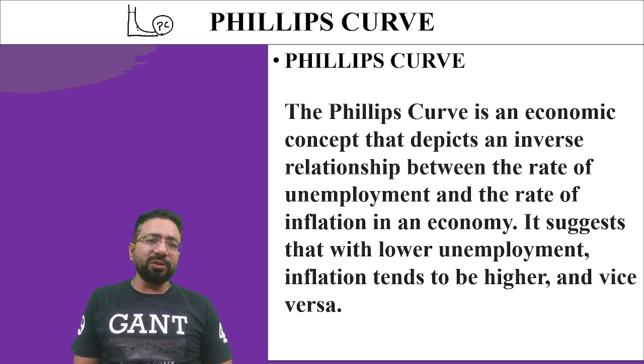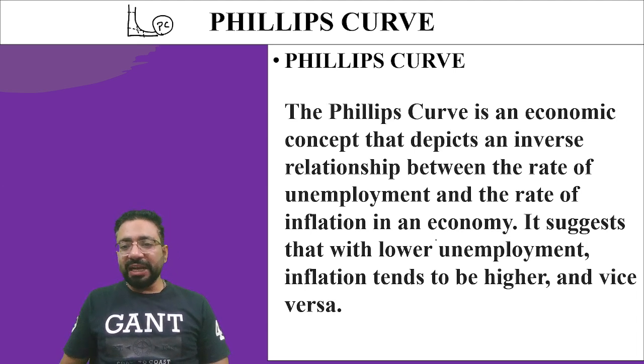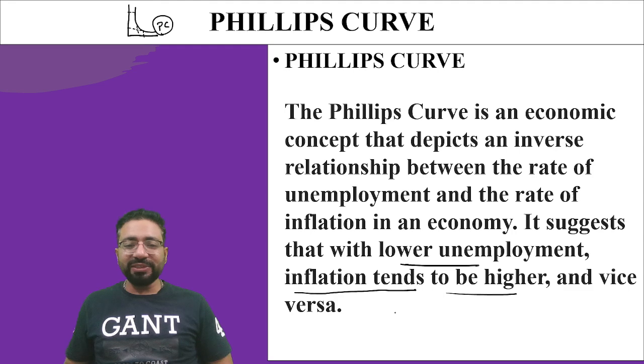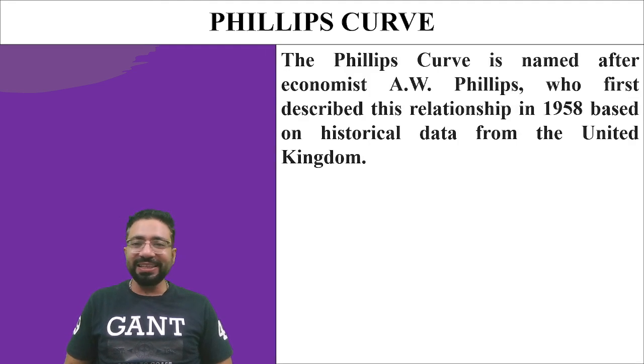Here we represent rate of inflation and here we represent rate of unemployment. That means if unemployment is falling, inflation is rising. If inflation is falling, unemployment is rising. Both have an inverse relationship, a negative relationship. That means lower unemployment with higher inflation rates and higher unemployment with lower inflation rate, and vice versa.